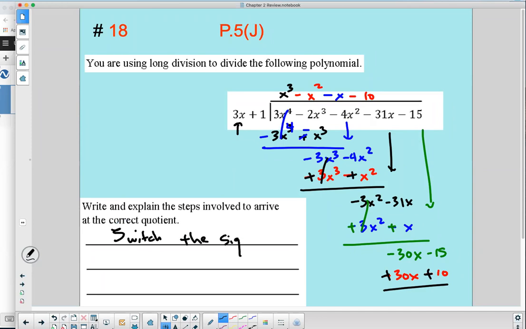That's the big key. When you do this, is to switch your signs, you get a remainder of -5. And so that's your quotient, and that's your remainder.